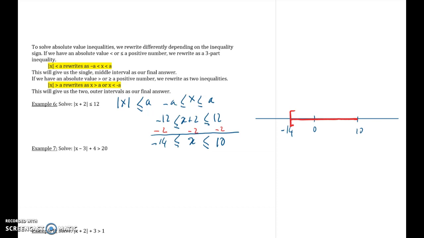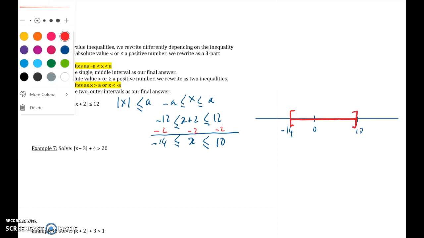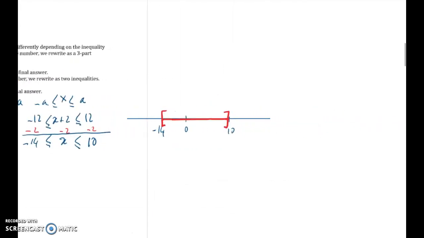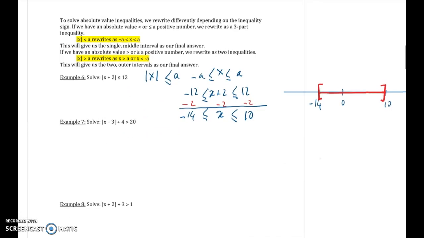There is an equal, so I will have brackets, and so I end up with the interval notation solution [-14, 10].